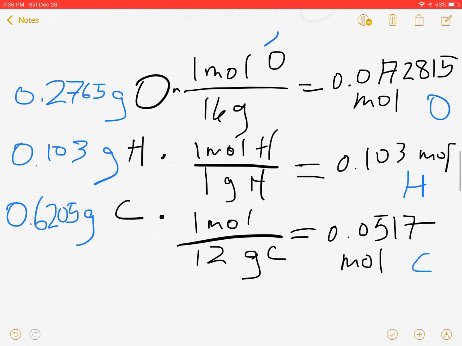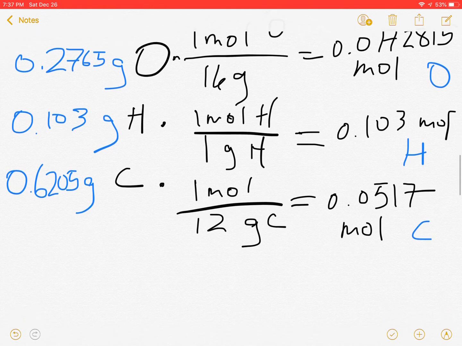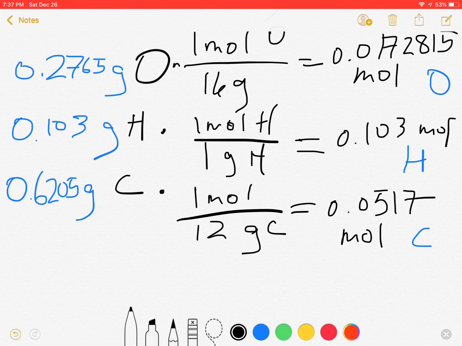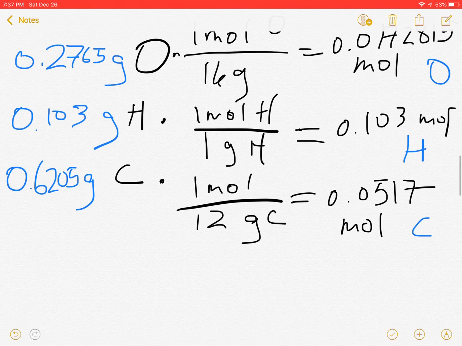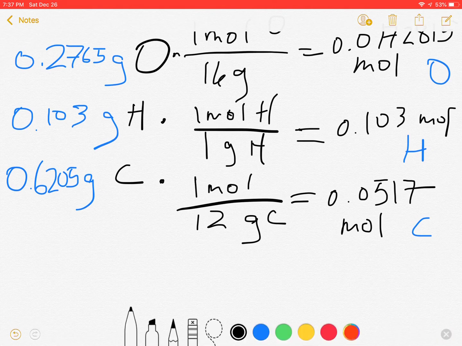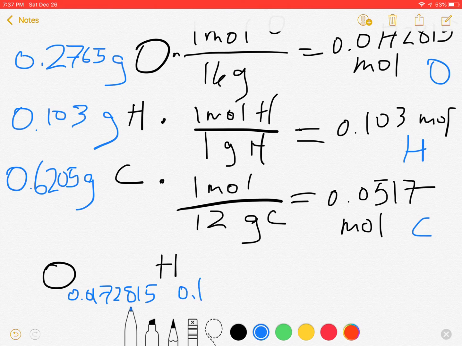Okay, so now we have these values, and it's pretty tempting to just say that, oh, we're done right here. We can just write our formula as oxygen 0.0172815, hydrogen 0.103, and finally carbon 0.0517.